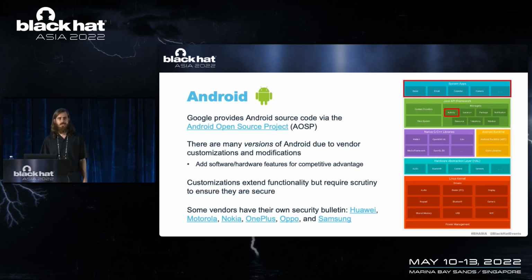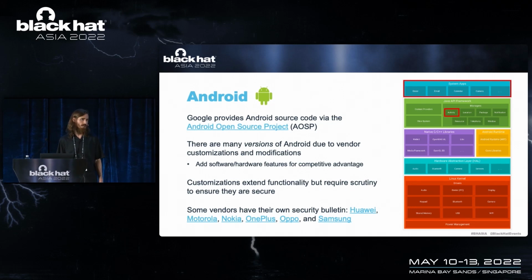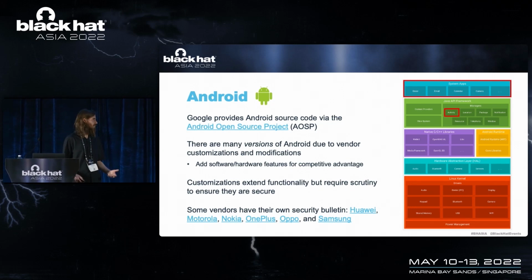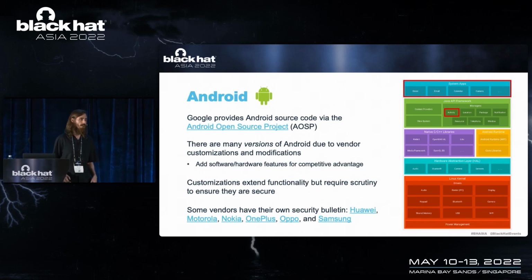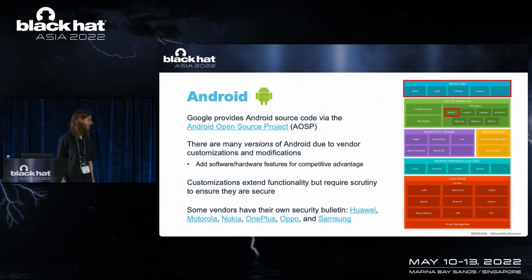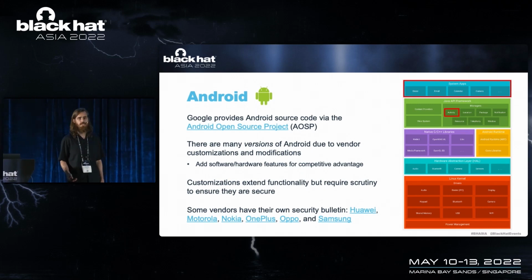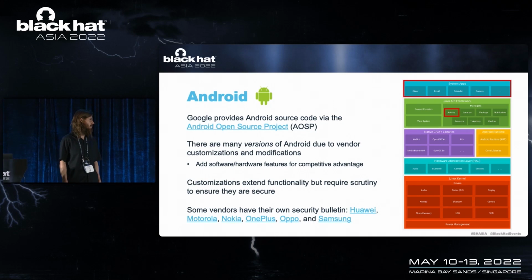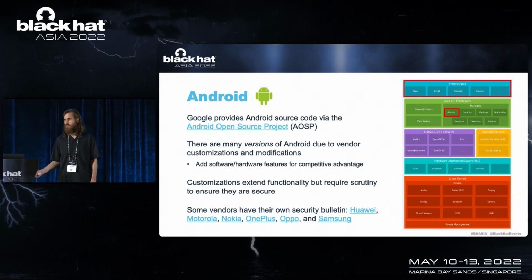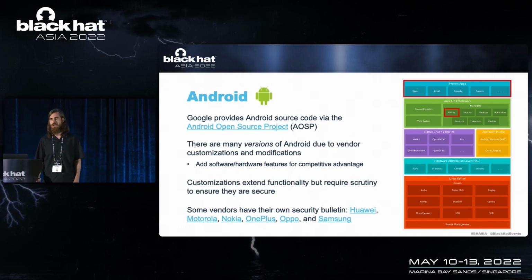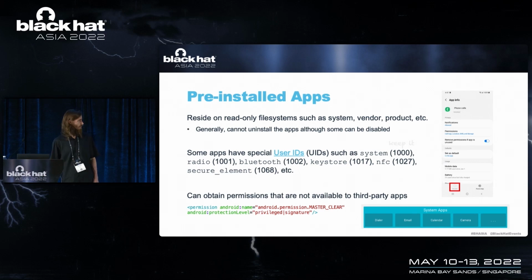These customizations are great in that they add extra functionality that was not there, but they can also introduce vulnerabilities because the code changes may not have the same visibility that is present in AOSP. And some of the Android vendors have their own security bulletin, such as Huawei, Motorola, Nokia, OnePlus, Oppo, and Samsung, for when they do introduce a vulnerability based on the modifications that they make to AOSP.